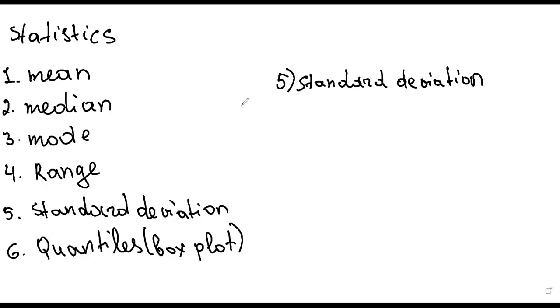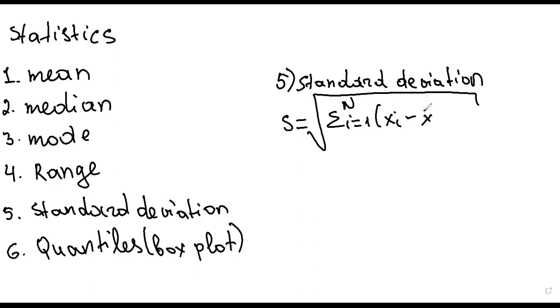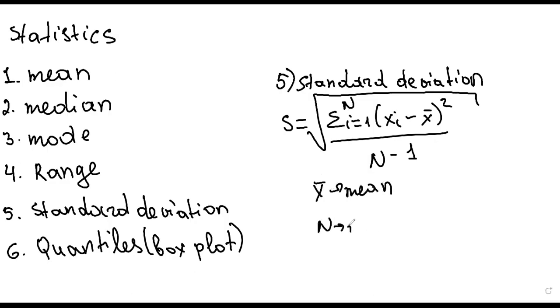Let me write this standard deviation formula: under the square root, the sum from i equals 1 to n of (x_i minus x bar) squared, divided by n minus 1. So what does this mean? Here x bar shows us the mean, and n here shows the number of observations.